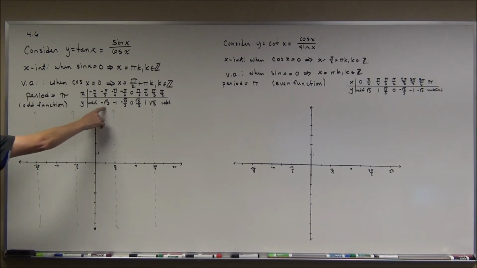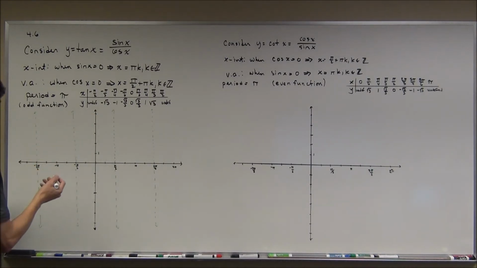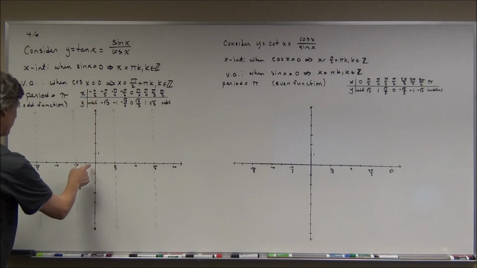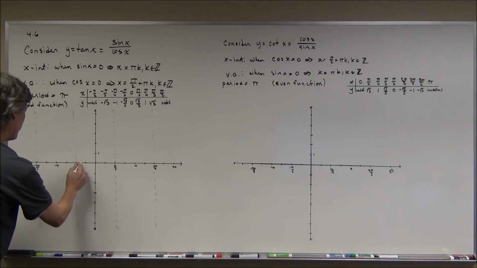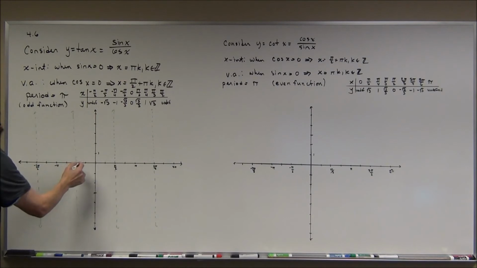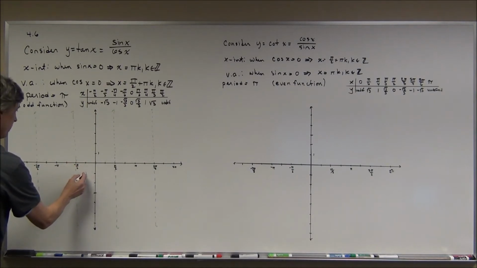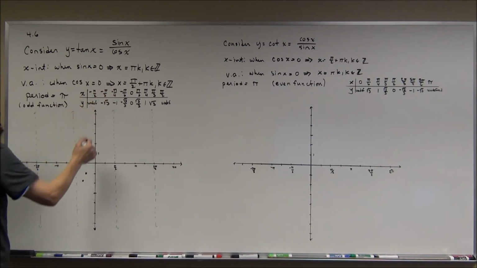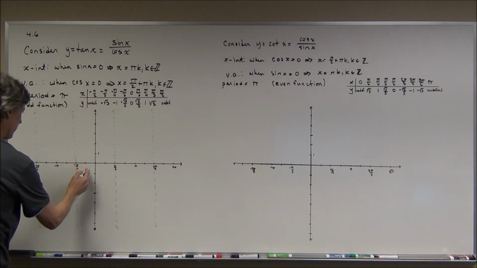Well, this is going to be negative 1.732, so I'll graph this here at negative pi over 3, down to about here. I'll put a point, and then at negative pi over 4, I'm at negative 1. At negative pi over 6, I'd be at about negative 0.6.